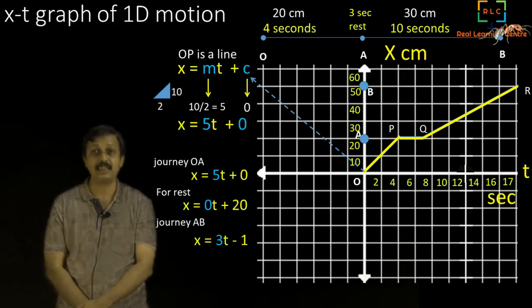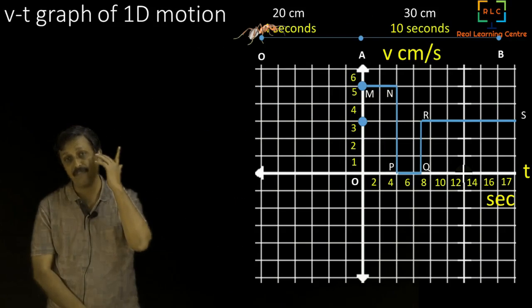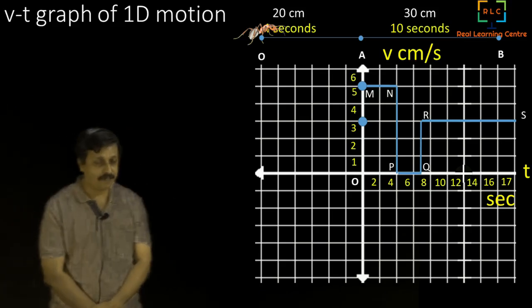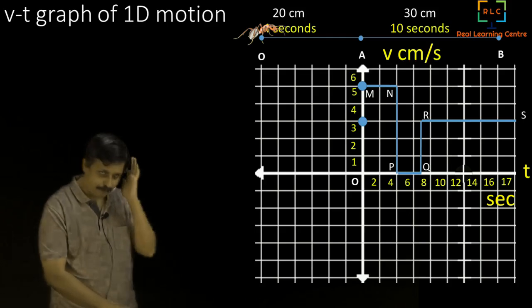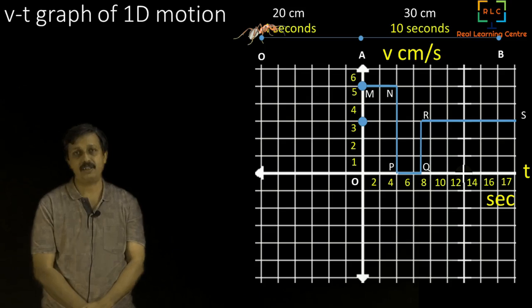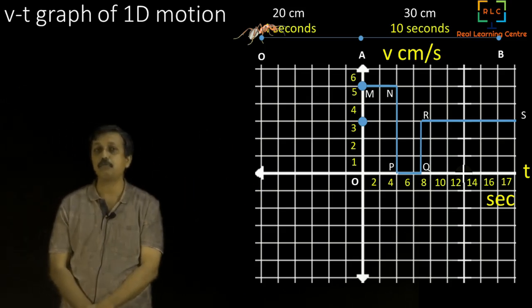Now we got an xt graph. We will see how to draw a VT graph and what the meaning of a VT graph is. A VT graph is similar to an xt graph in that we plot on a graph, but what we plot is different. The horizontal axis is time only. On the vertical axis, we plot velocity.